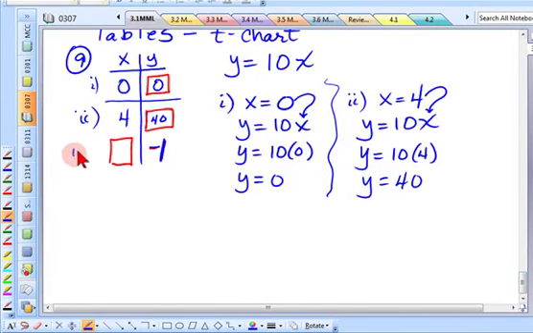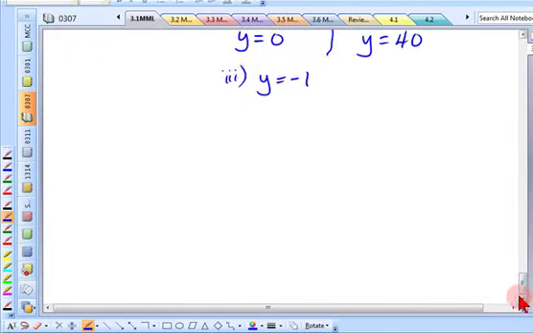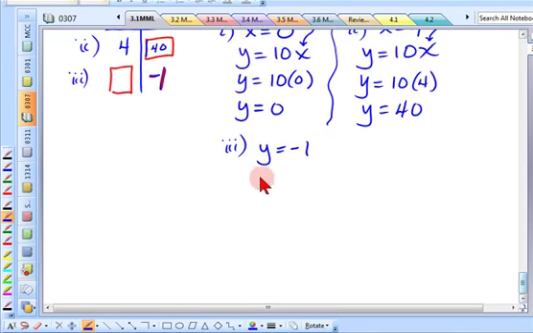Okay, part 3. I don't know why I went to this weird numbering system. What are you given in part 3? The y. You're given that y is -1. The equation is still y equals 10x. So what do I plug in where? -1 goes in for y. -1 equals 10x.